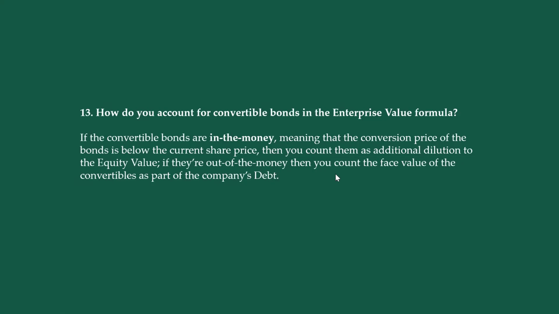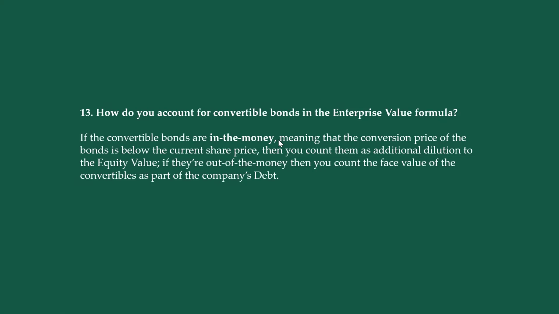If they are out of the money, then you count the face value of the convertibles as part of the company's debt only. So once the convertible bond is converted, the enterprise value actually decreases because the debt is now converted and it's diluting the common shareholders' equity, the number of shares owned by common shareholders.